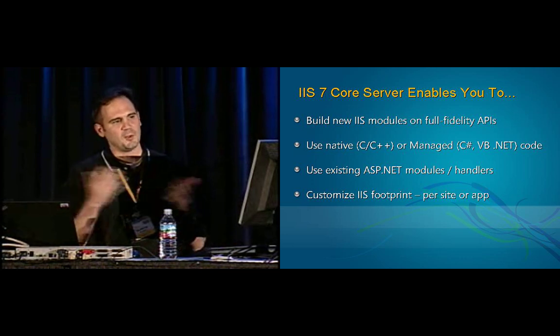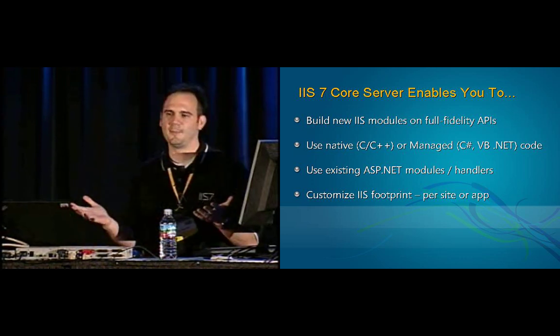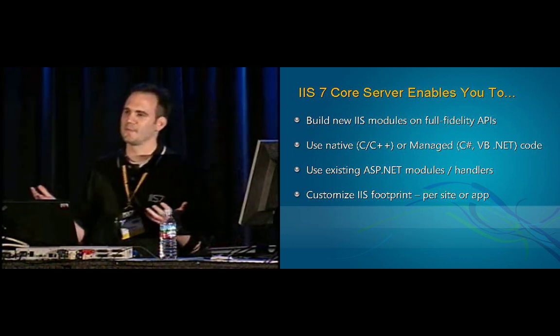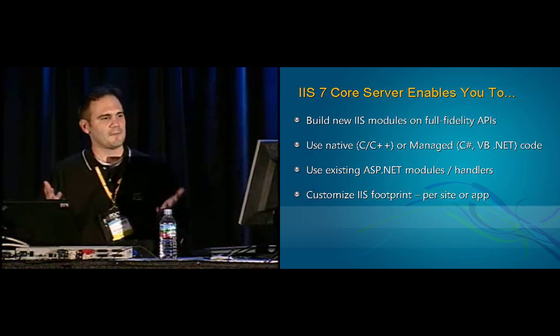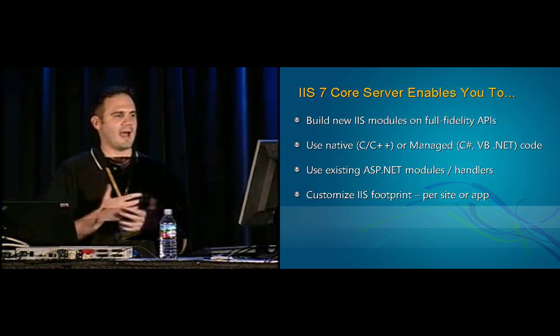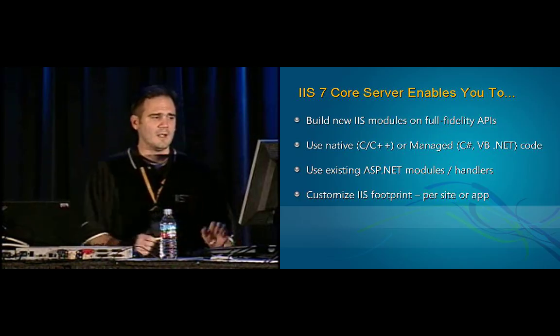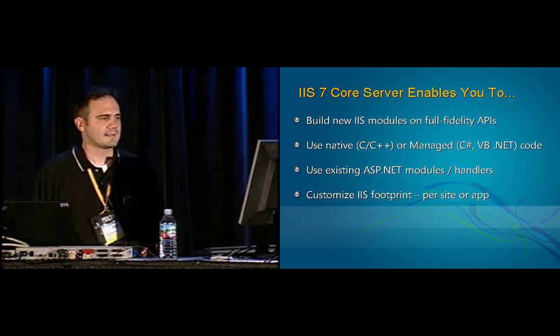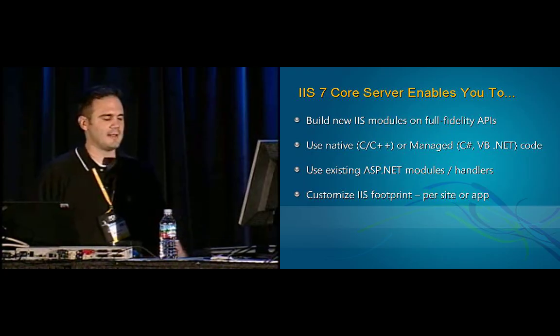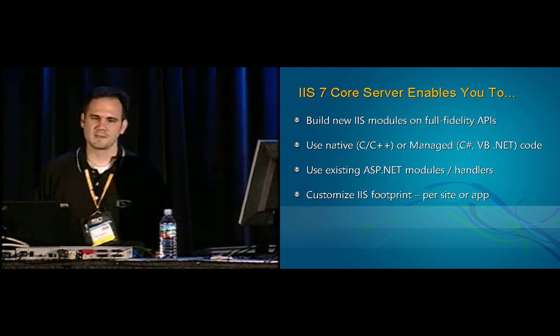That means now you and I are using the same API to extend IIS. You can now have the same full fidelity API that the IIS dev team has for building a core server feature. We're extending IIS 7 not only with a set of native APIs, but a set of managed ones as well.